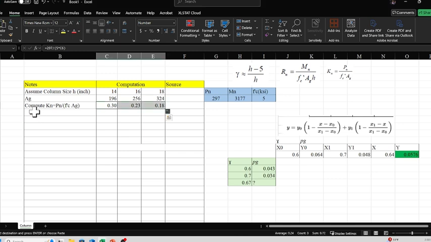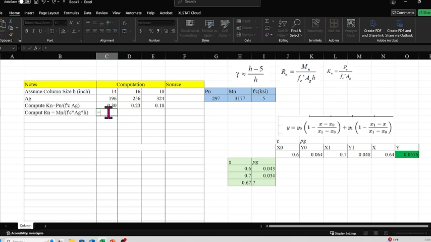The next step we're going to calculate is to compute Rn. And Rn is right here by this equation. Same thing, equal. And Mn, it was 3177. 3177 divided by parentheses open. We got f prime c, which is 5 times Ag.